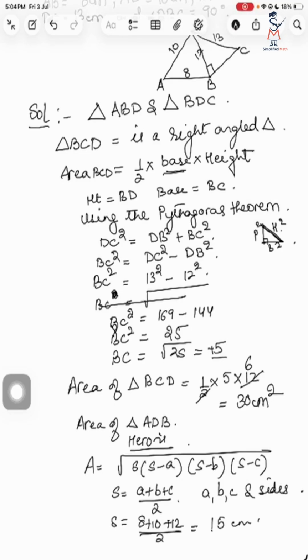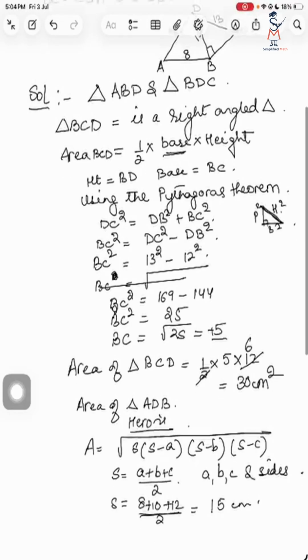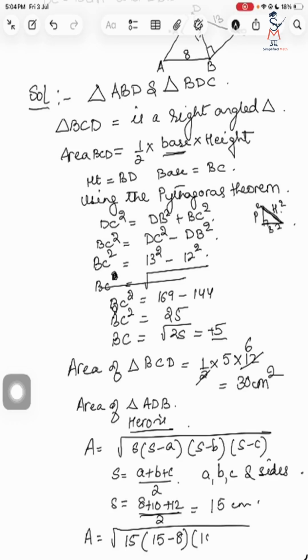So this is 15. So area will become, what are the different sides? One side is 8, one side is 10, one side is 12. So S we'll write 15, S minus A is 15 minus 8, 15 minus 10 and 15 minus 12.